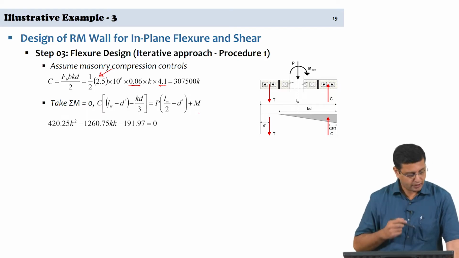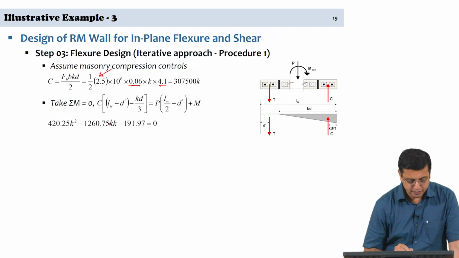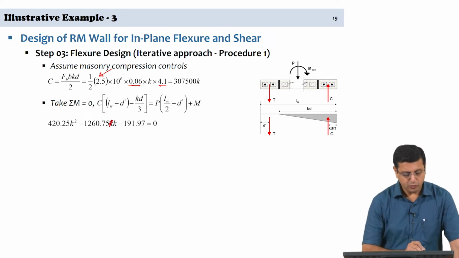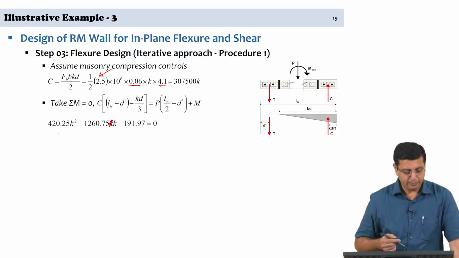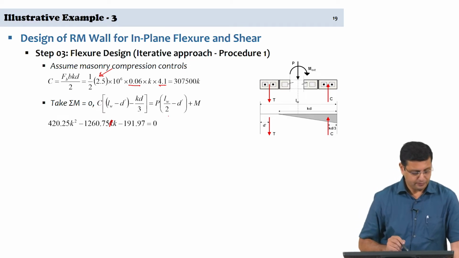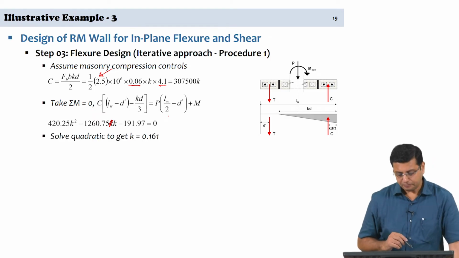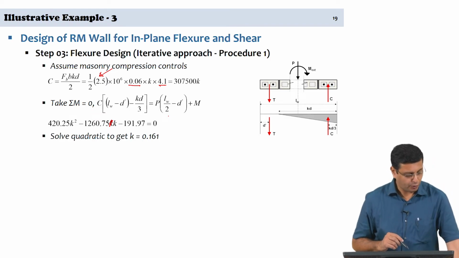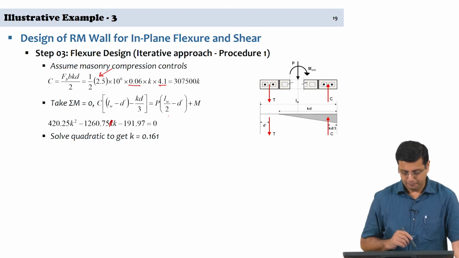You can solve the quadratic. This is a single K. You have 420.25 K square minus 1260.75 K minus 191.970. Solve the expression for K and we get a value of 0.16 for K.